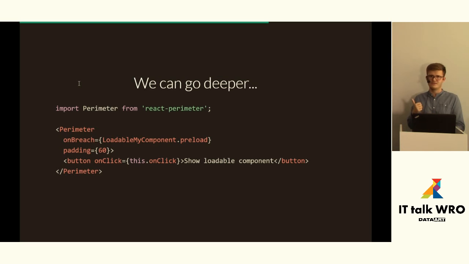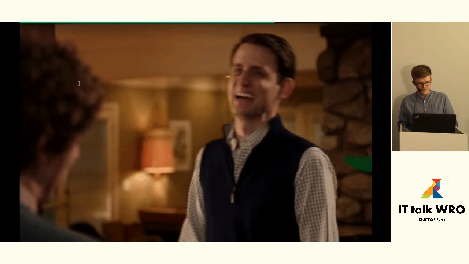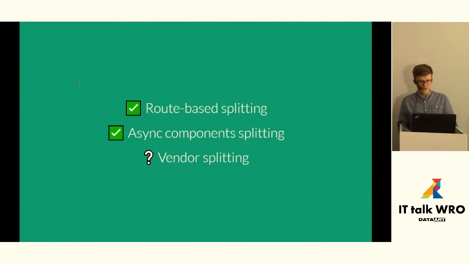And we can start downloading something when the user approaches the footer, for example, right? Or we can predict and prefetch something when the user goes to the menu. When users just approach something, we can already download it, and the click will be instant. It's really cool. So we covered 2 cases, and it's time for the last but not least.